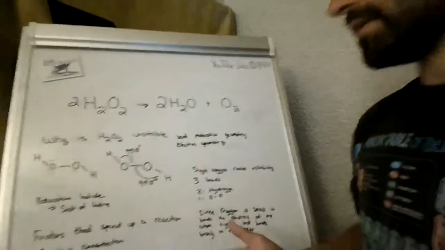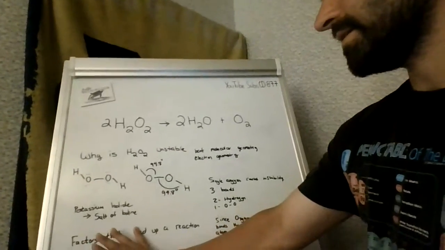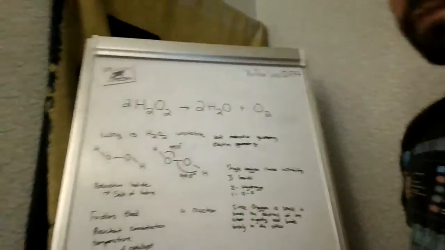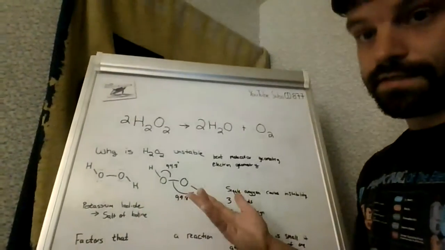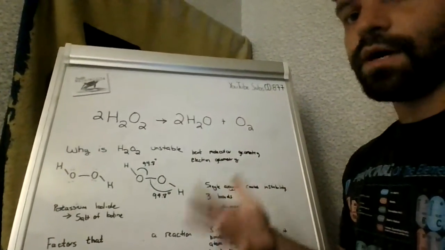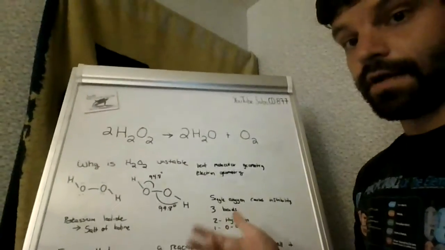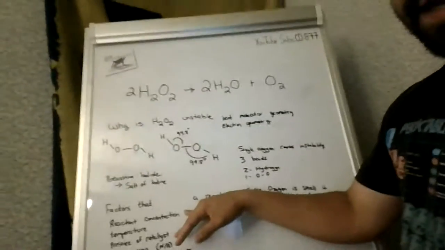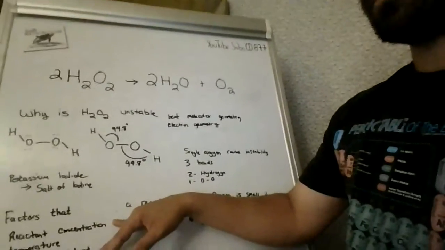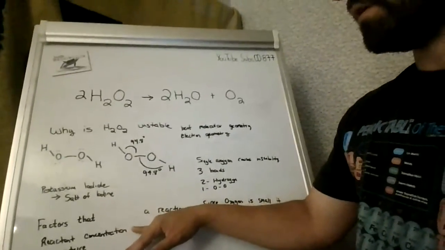So speaking of that, we can look into the factors that affect a reaction, not necessarily speed up, but affect a reaction. One of the factors is the reactant concentration, which we definitely saw. You saw that there was a much quicker result of the red foam, and when we look at concentration, we're looking essentially at how much of something is in per unit volume.